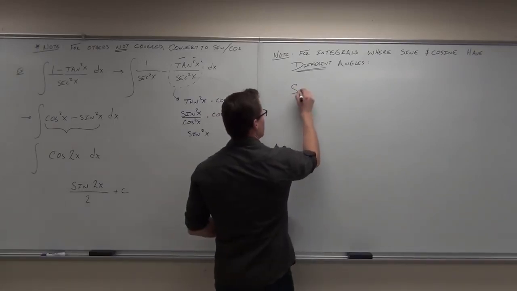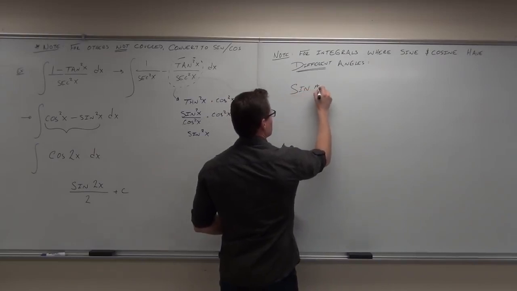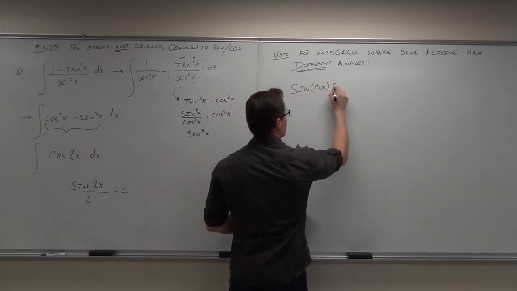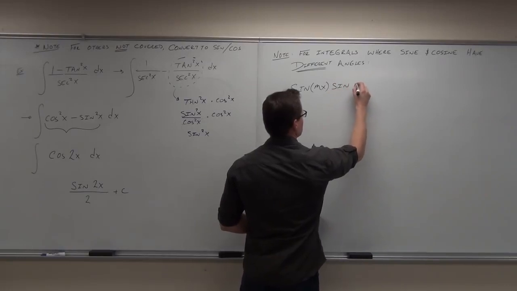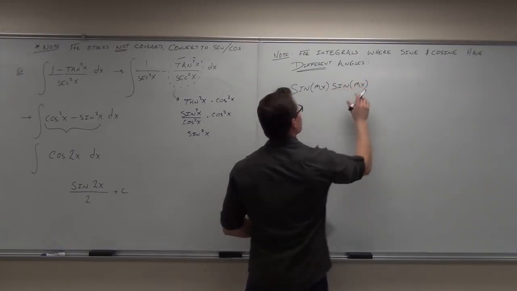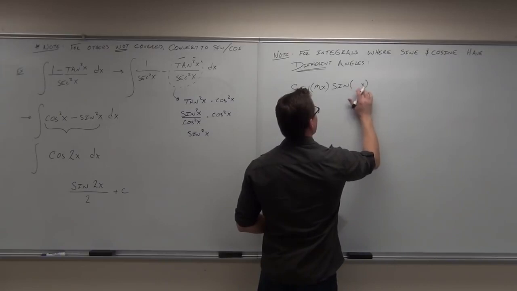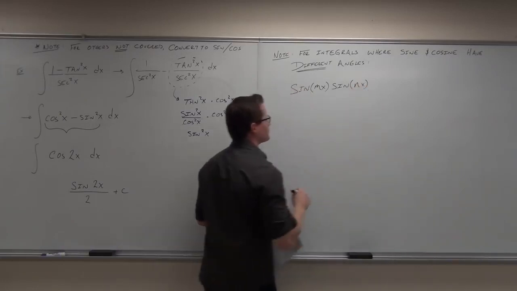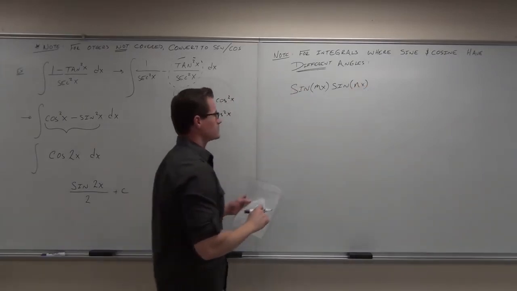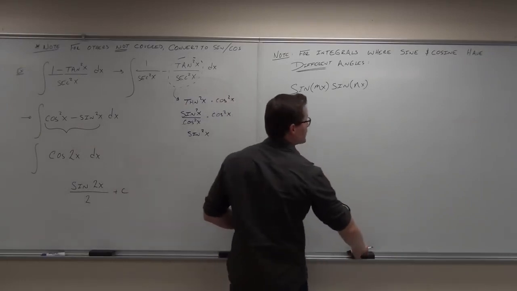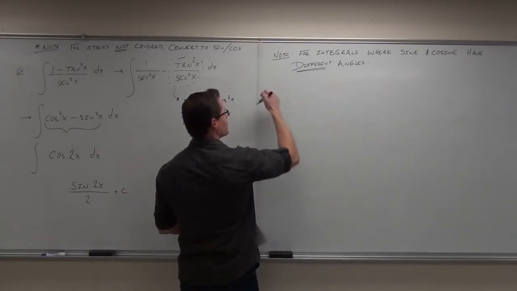So let's suppose I have sine times sine, where the angles are different. You know what, I'm going to need more room. Write that down, but I'm going to write it just over here a little bit.